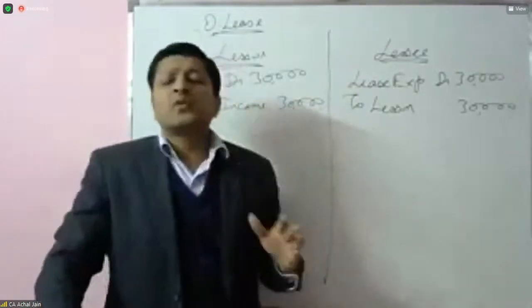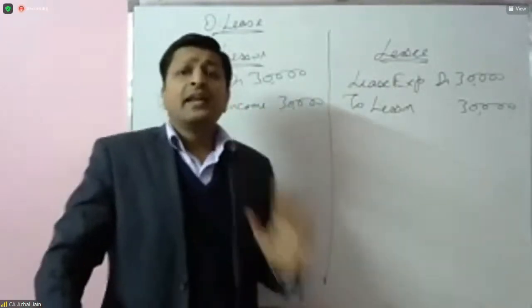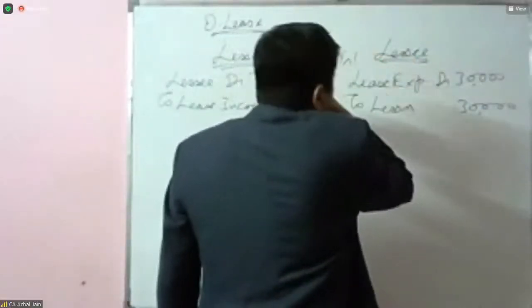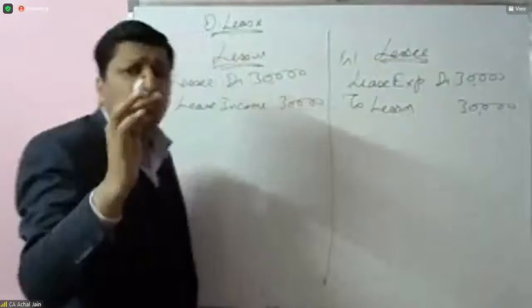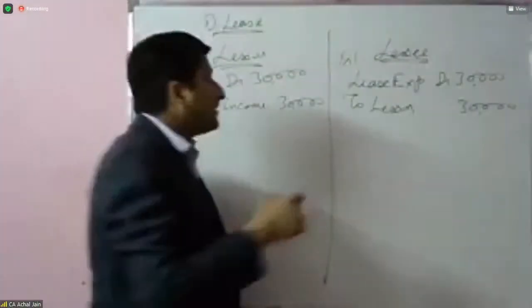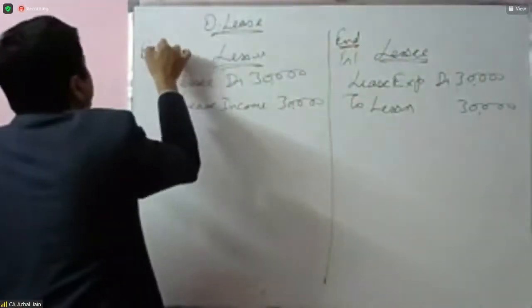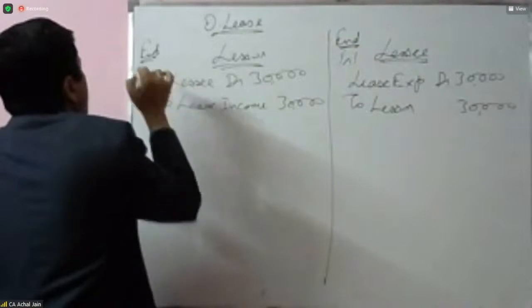The asset remains in the books of lessor, so that's why lessor will charge depreciation on the asset. Now, at the time of inception of the lease, no accounting entry is passed. At the end of year 1, this is the accounting entry both the parties will pass.